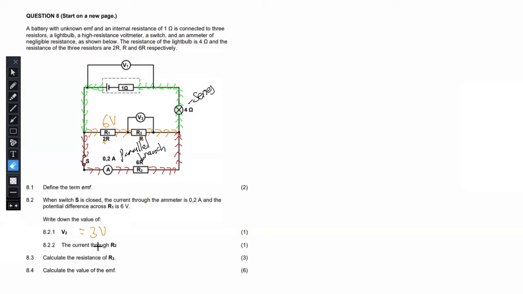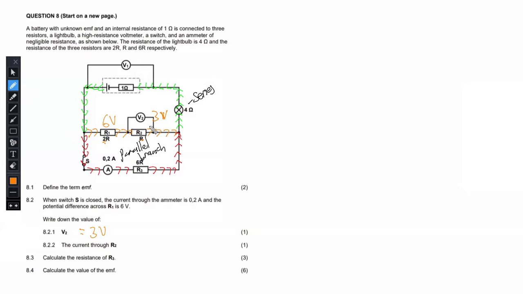Now 8.2.2 says the current through R2, right? So where is R2? We are now looking for the current here in R2. Remember we had that this is 3 volts, and looking at this, we have our current here, which is 0.2 amperes, and this is on a parallel branch.